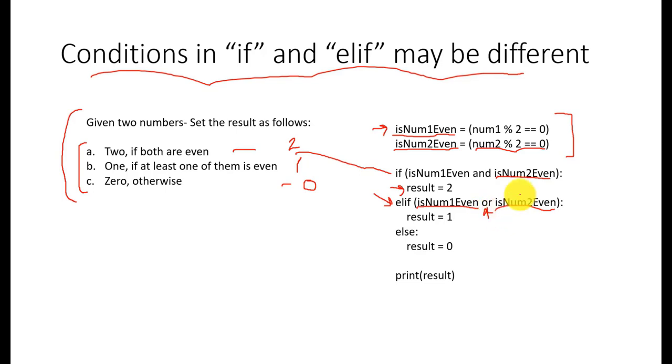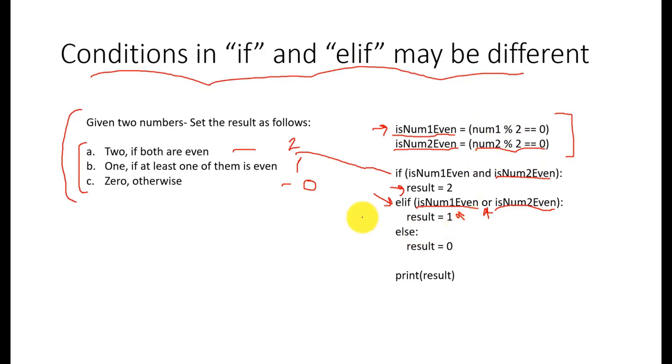You know this OR operator, right? The OR operator evaluates the expression to true if any of its operands is true. So if is_num1_even is true or is_num2_even is true, then it sets the result to 1.